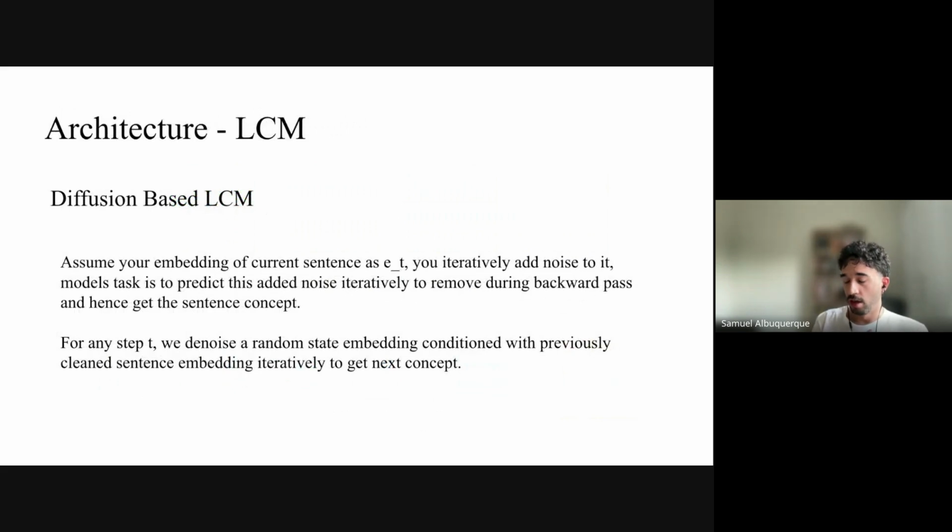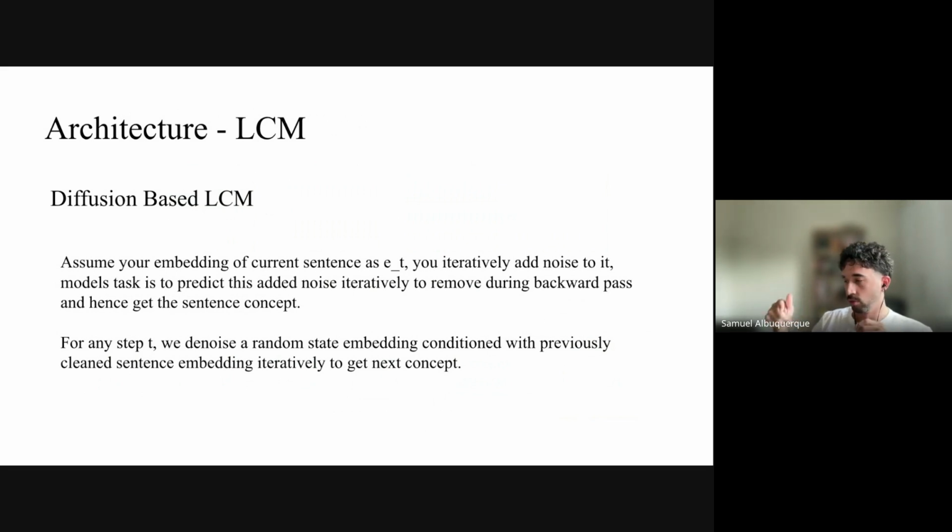And I'm not talking about the actual diffusion model that they use here. The idea basically is to iteratively add noise to a concept embedding. No, just one step back. You have a sequence of concepts in your input, and then you take the last concept and add noise to this concept.